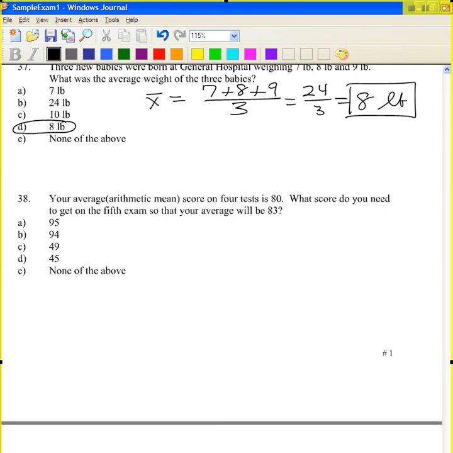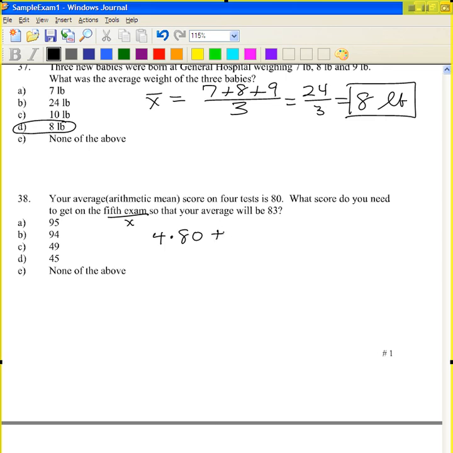Your average score on 4 tests is 80. And so what score do you need to get on the 5th exam? I guess I'll call that x. So that your average will be 83. And so there are 4 exams, and the average is 80.